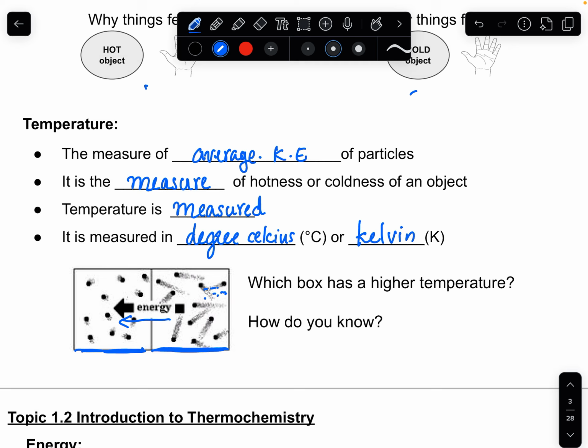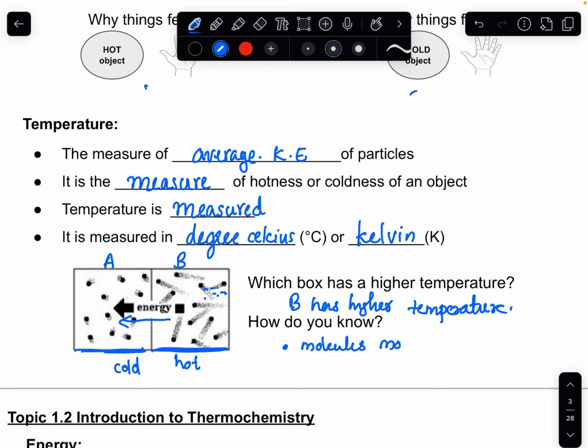We already learned that heat always flows from a hot body to a cold body, so you can answer that. I'll name this box A and this box B. Box B has higher temperature, because the molecules move faster in that box, and also the direction of energy flow.